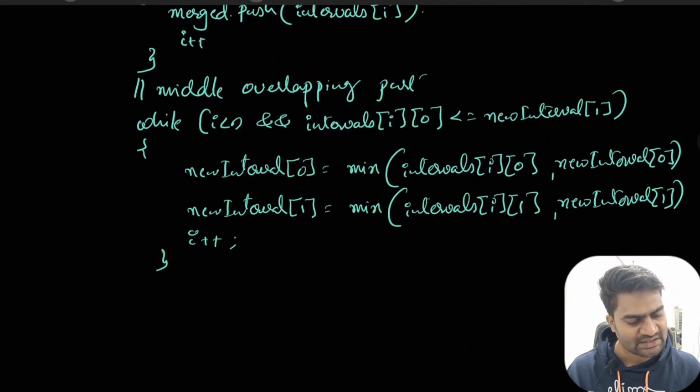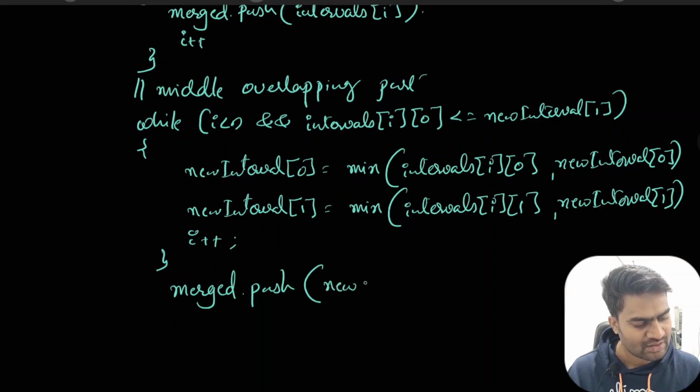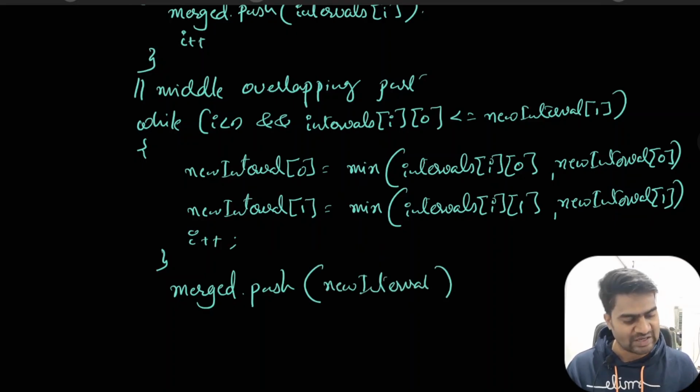Okay, once this entire processing is done, it will stop and I simply need to push the new interval to the merged array. So I will do that. Okay, this is the middle part.